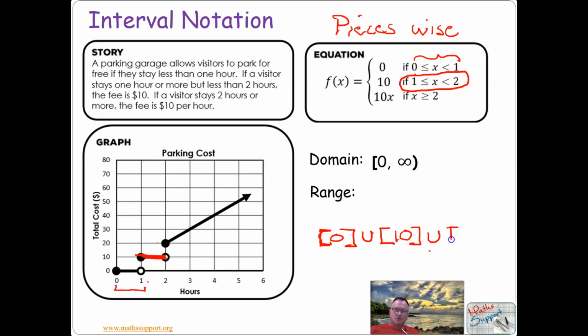I include, let's see, whoops, I made a little mistake here. Right here, yeah, this is 10. Oh, no, we're good. My bad. So 20 is included in this.